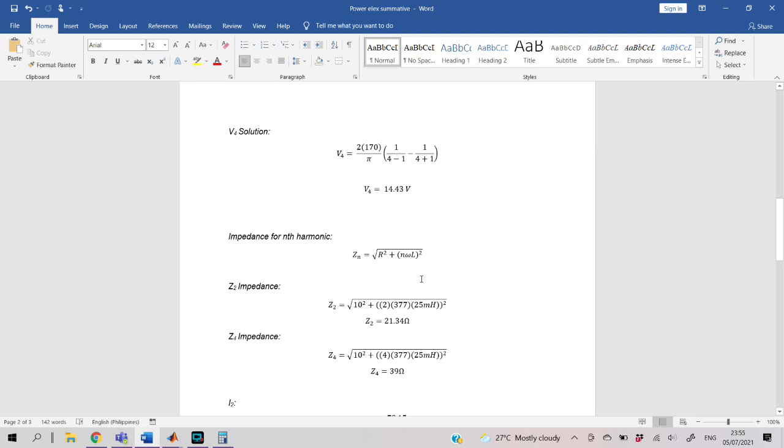Next, we are going to compute its impedance.